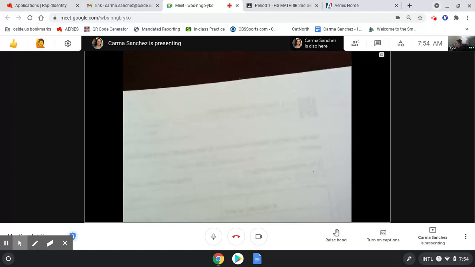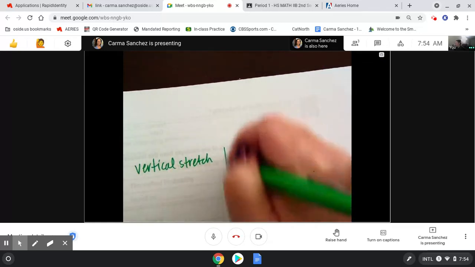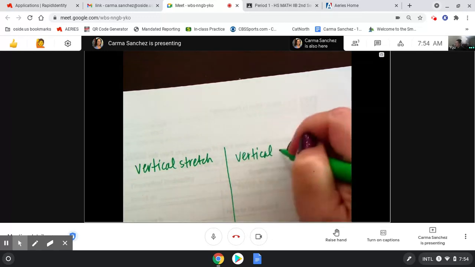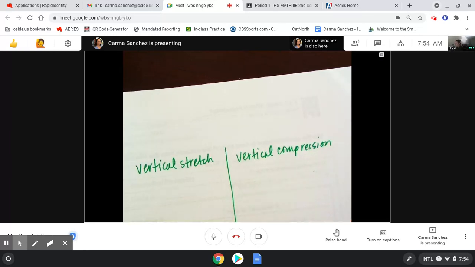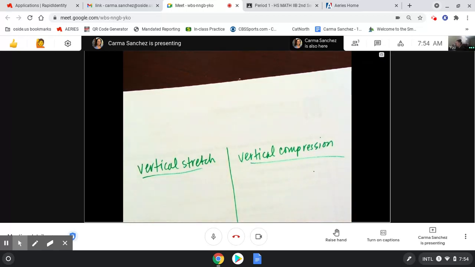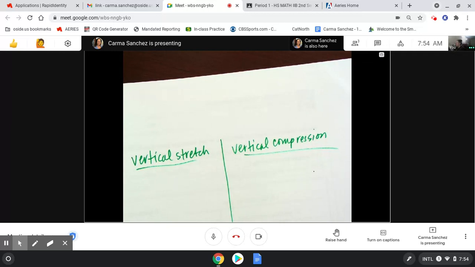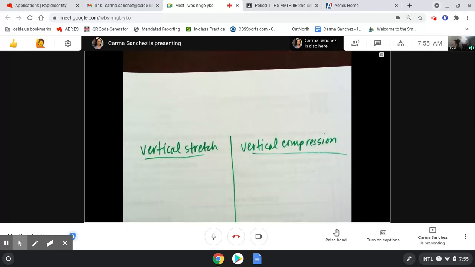Now, over here on this blank page, I do want you to quickly make a table, just to refer to, of vertical stretch, vertical compression, and then horizontal stretch, and horizontal compression. Hang on, let me start this over again because you guys can't see the whole thing.